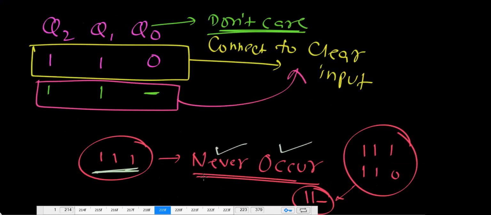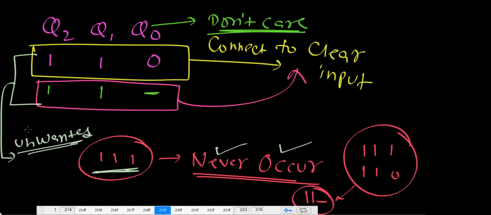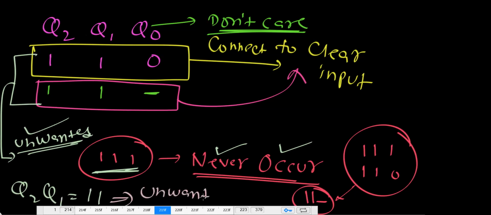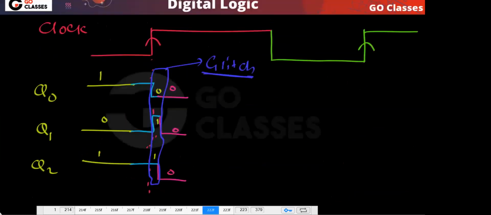As soon as Q2 and Q1 become 1, this situation is unwanted. Correct or not?